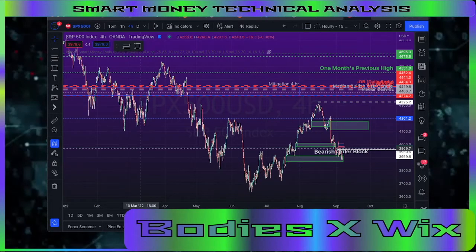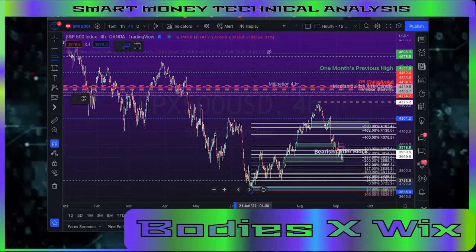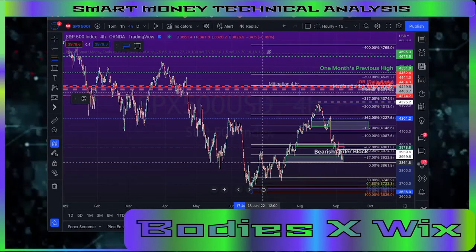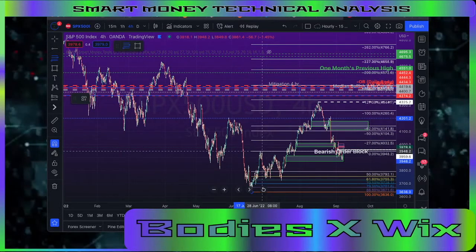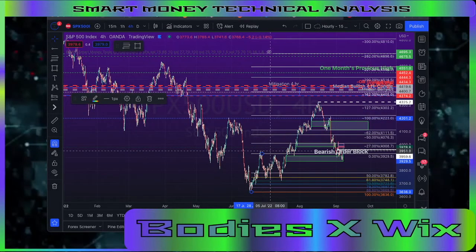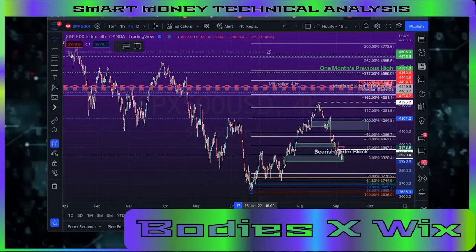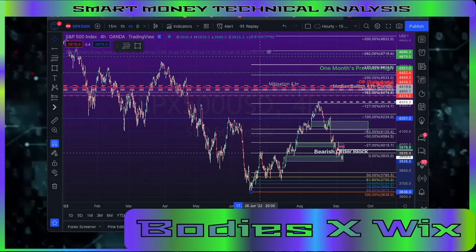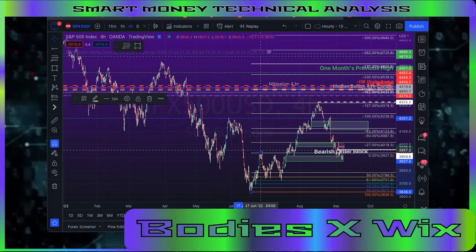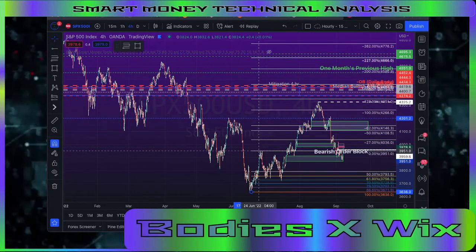And let me see if I draw a fib. Where would that take us and leave us? Let me see here. So it would drop down into the smart money buy zone, is where it would.